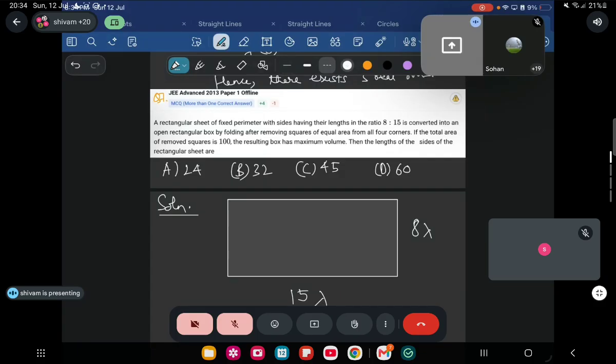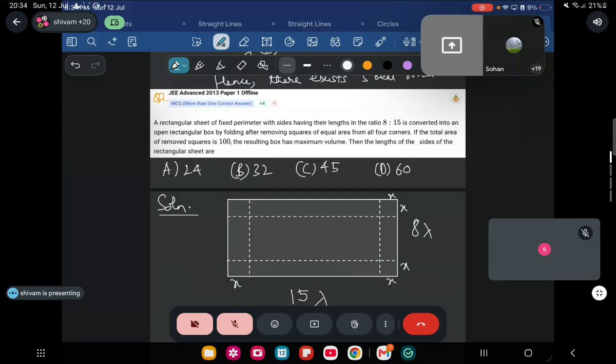You must have done this kind of problem in volume and surface area in class 8, 9. This much is cut and it is converted into an open box of equal length, so this is x, this is x, this is x.